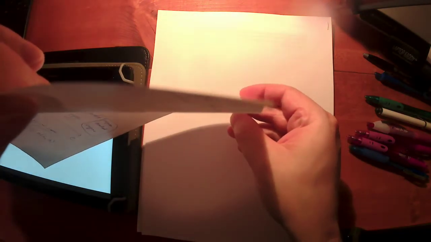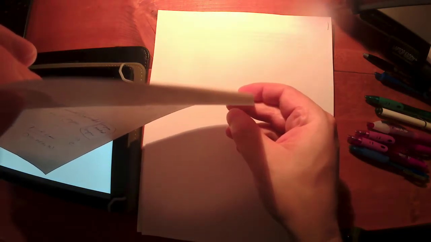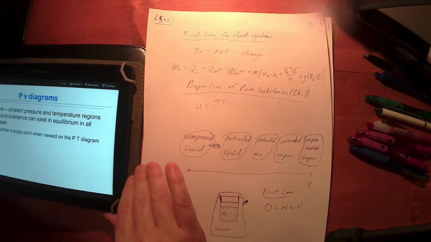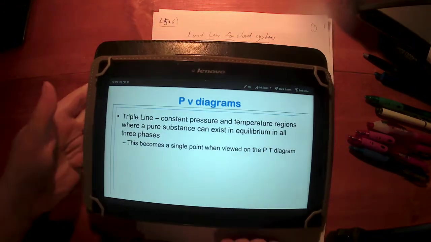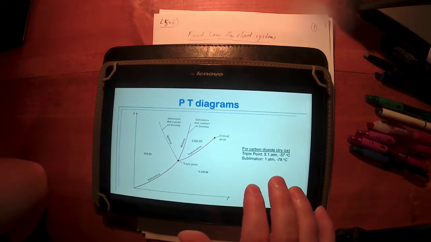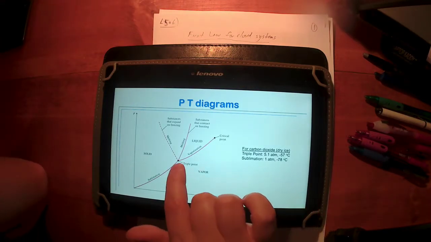However, if I turn it this way, and granted, I can't quite get it straight at the camera, notice that you no longer see the line, you just see this point, you see that corner. When you view something that's a line in 2-dimensional planes from a third direction, it becomes a point.